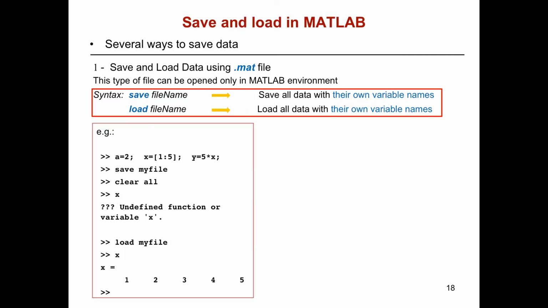Those are binary formats, and those you cannot open in a text editor. You can, but you will see a whole bunch of zeros and ones and strange characters. Okay? So you have to then open those and read them directly. Okay. So those are conceptually the three ways we have to save.